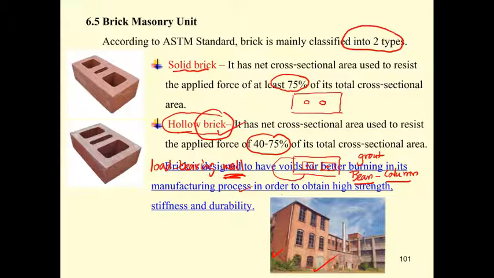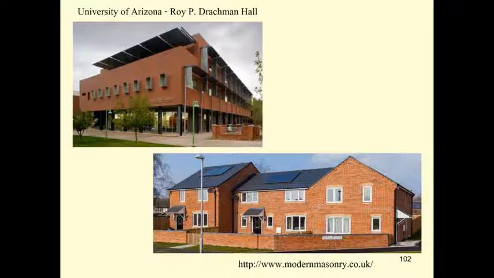So the hollow bricks usually have high strength, high stiffness, and high durability. That's due to the good manufacturing process caused by the burning of the brick, due to the void.